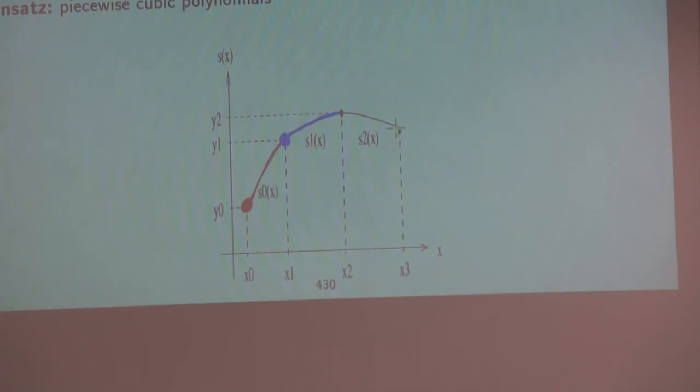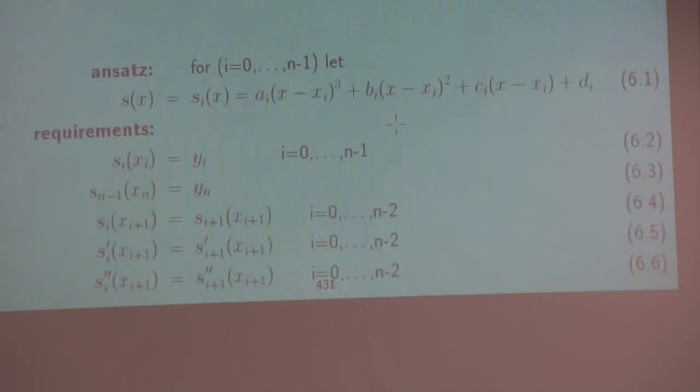And the third spline has to hit this point. And now as S n minus 1 of xn is equal to yn, this means that the rightmost spline has to hit the last point.